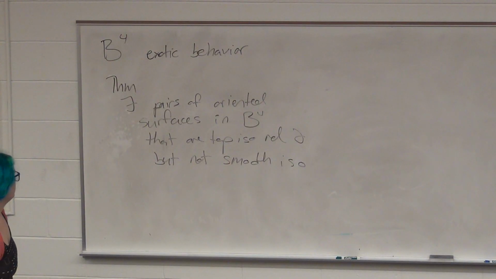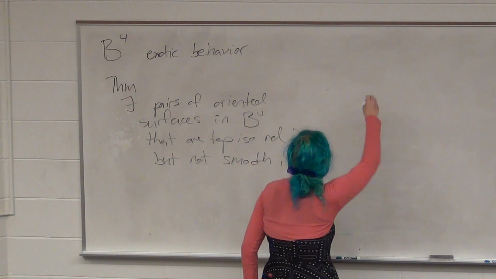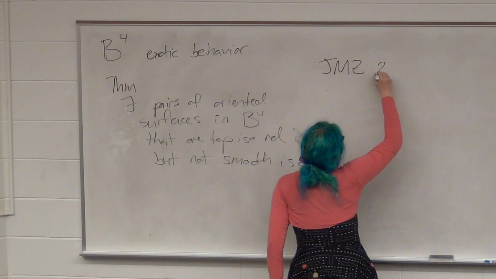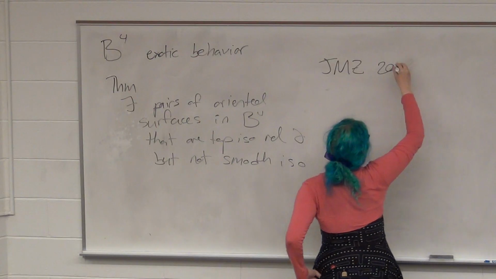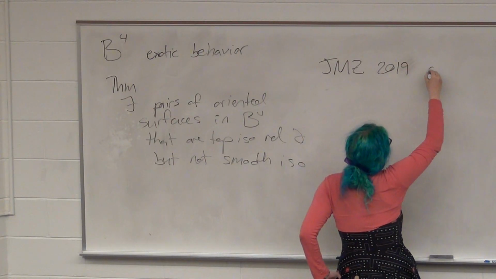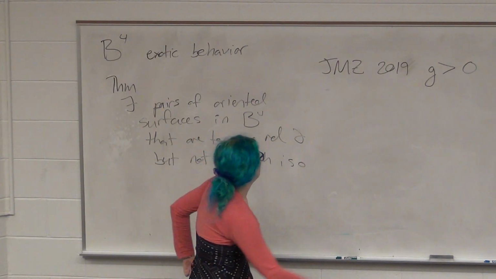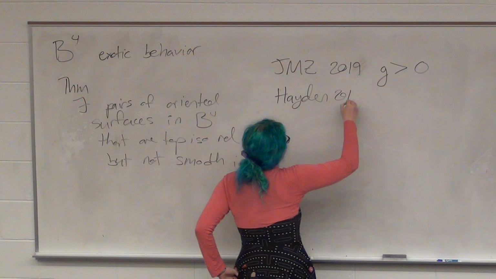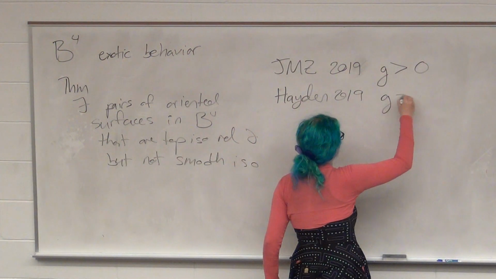And so the first paper about this was actually a paper that I wrote with Juhász and Zemke in 2019. Our examples were all positive genus. And then Kyle Hayden wrote a paper shortly afterward showing that there were examples of this that were disks, g equal to 0.